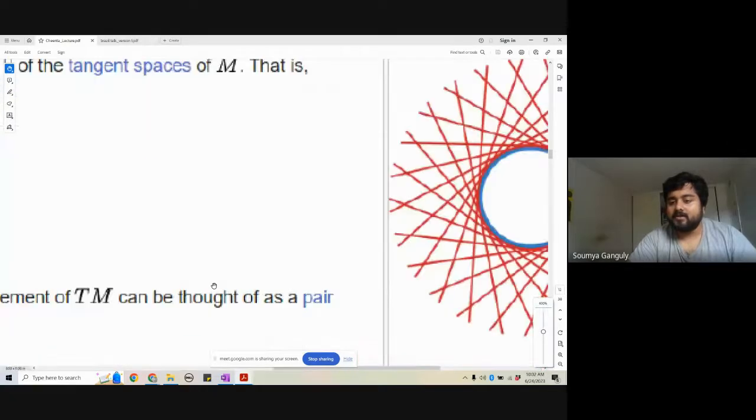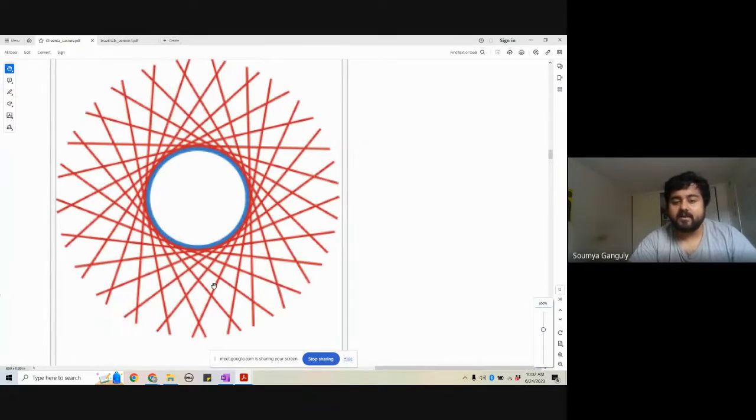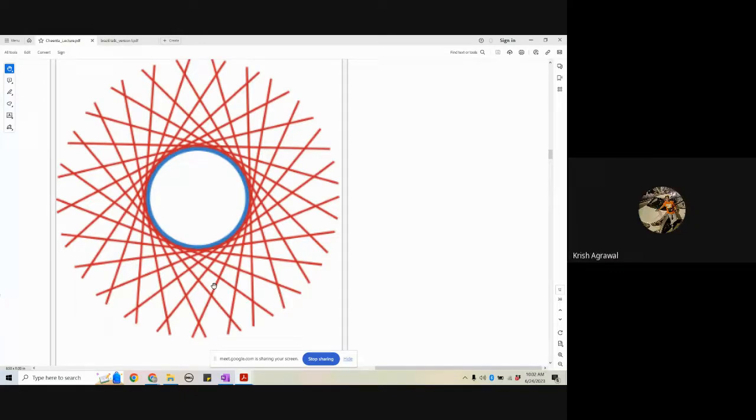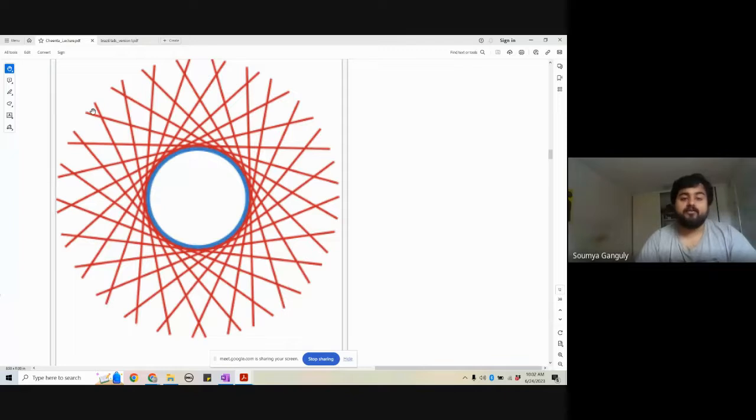So look at this picture here. Is the picture visible? Can anyone tell me? Yes. So look at this manifold. This blue manifold inside is basically the circle. The circle is also a manifold, right? Because it locally looks like the real line. Now, on every point of the manifold, you are drawing all the tangent lines.